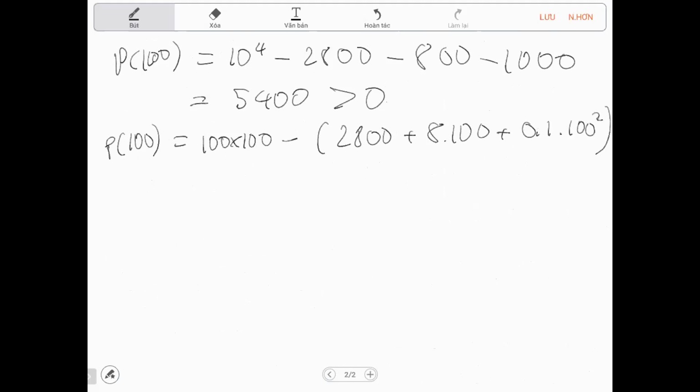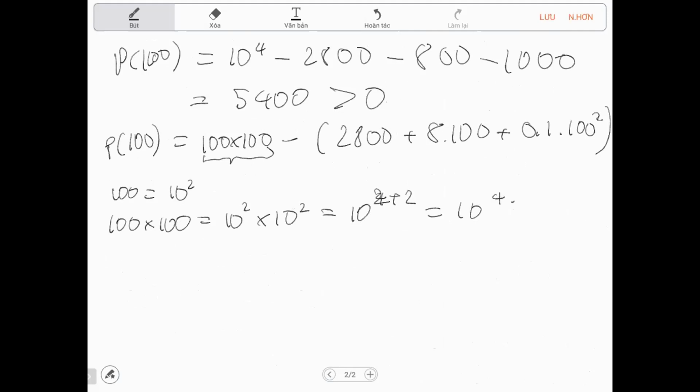Because 100 equals 10 to the power 2, 100 times 100 means 10 to the power 2 times 10 to the power 2, which equals 10 to the power 4, because 2 plus 2 is 4. So you get 10 thousand.